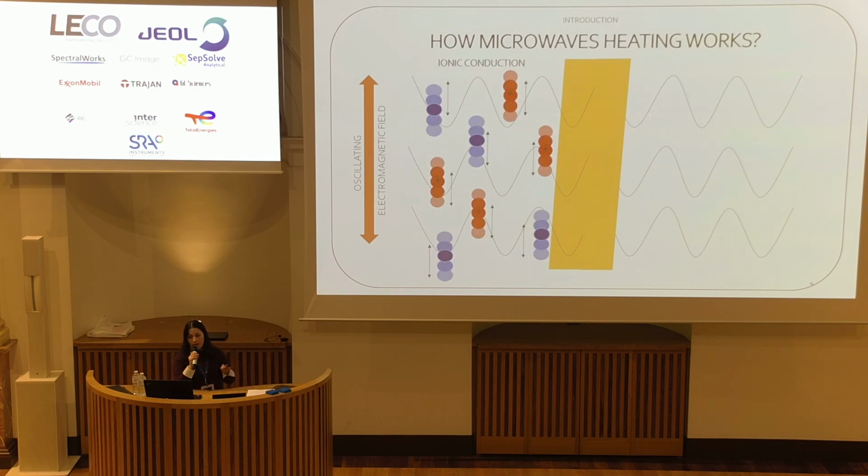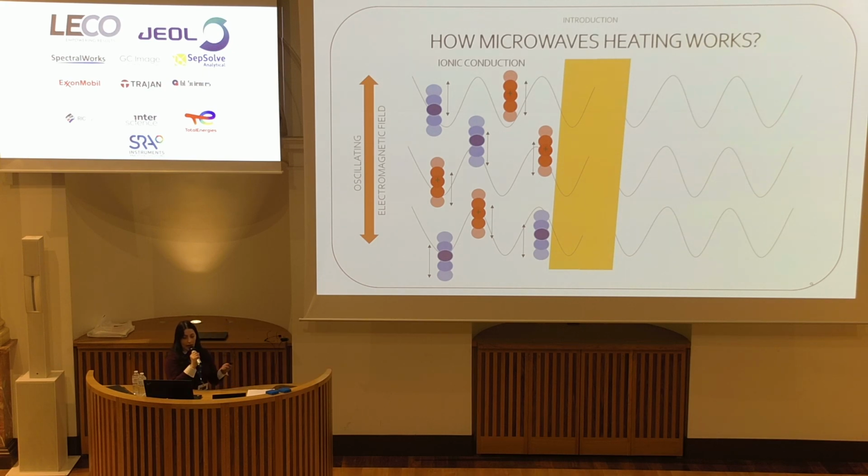The first is ion conduction, where basically ions in the sample solution move following the oscillating electromagnetic fields, and so this movement causes friction with the sample solution, and this friction causes the heat.